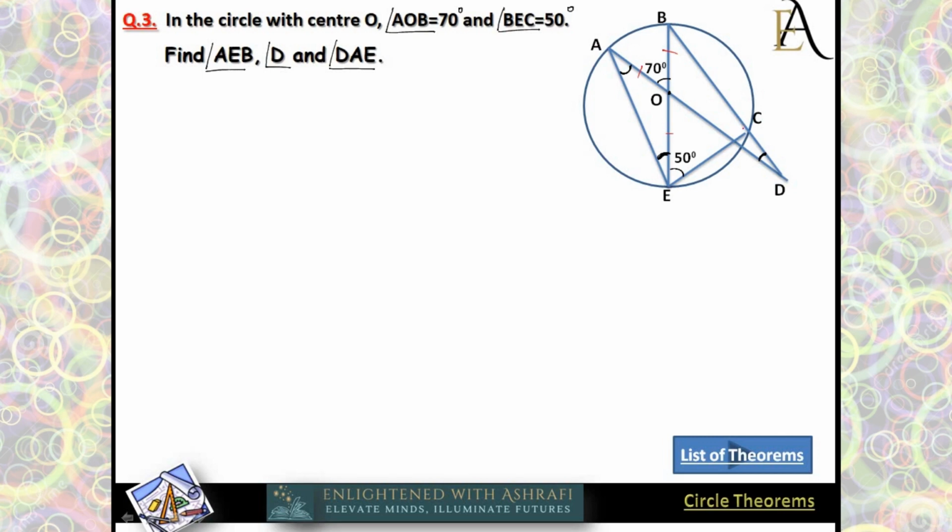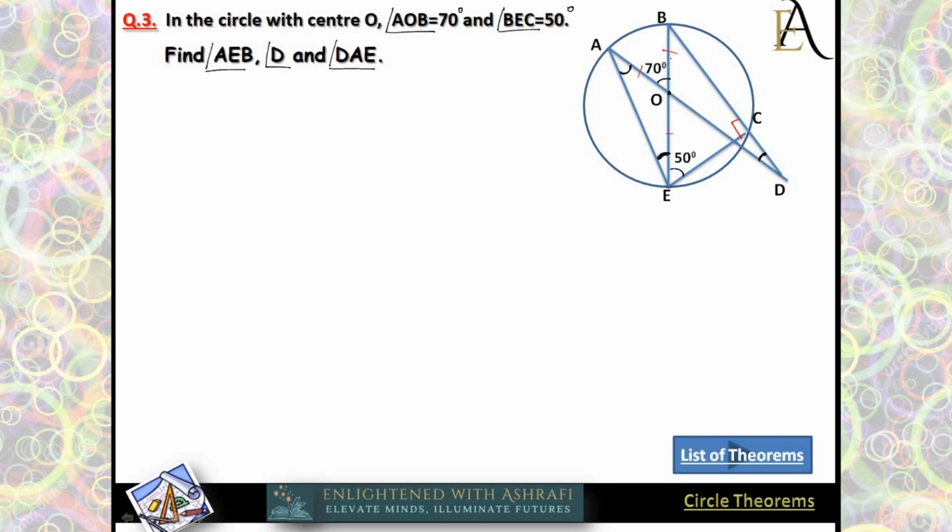Here we can see that BE is also a diameter, C is on the circumference, so we have this 90 degrees, right?